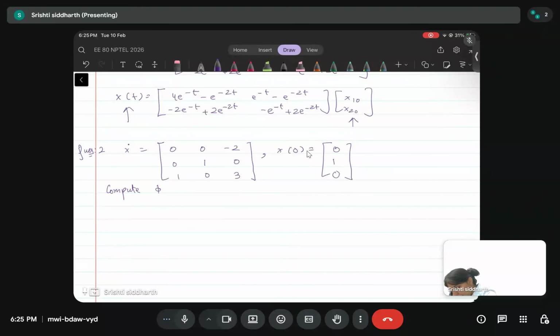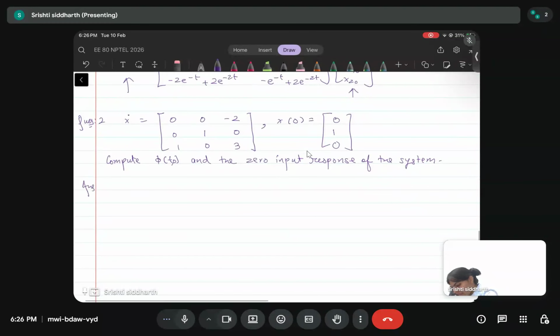So compute phi(t, 0). So we have sI minus A. This is s minus 1, s minus 3, and then 0, 2.